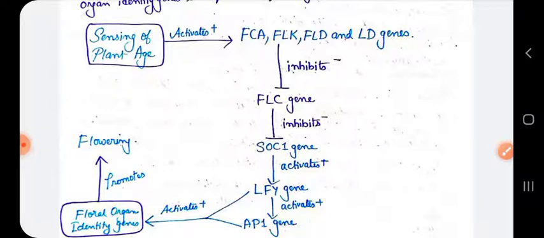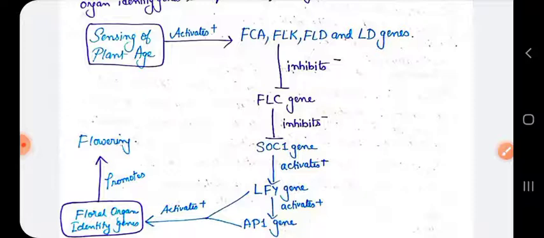In the previous pathways, we have seen that due to chilling or cold conditions, flower develops. In the second pathway, we have seen that an increase in the level of gibberellic acid leads to flowering. Well, artificially, we can also induce flowering by this method. The third pathway for flower development is the autonomous pathway.